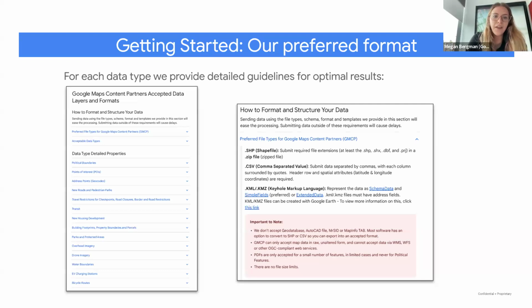And then another thing I should definitely talk about, for each of the individual data types that I mentioned, there are specific content requirements. So if you're like, I have data, I don't know if it meets your content requirements, or I don't know if you have everything you need, this is a really great landing page to start with. You can double check to see if the fields that you have match up to what our expectations are for that specific data type.